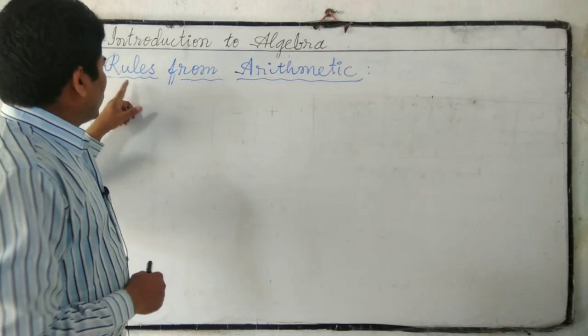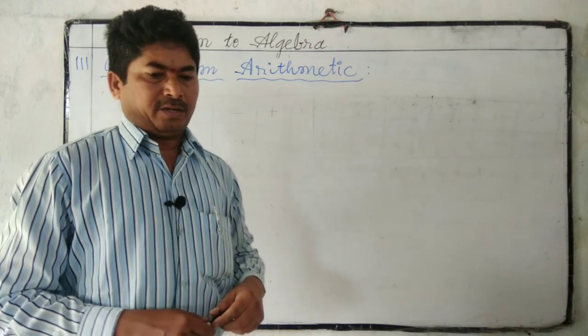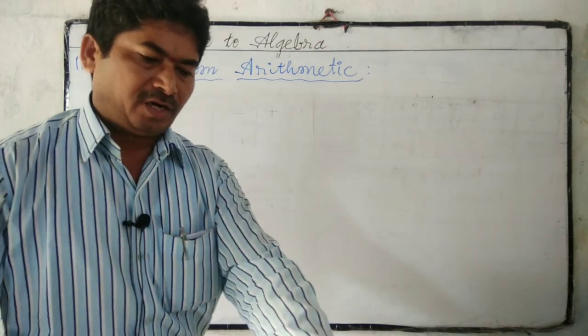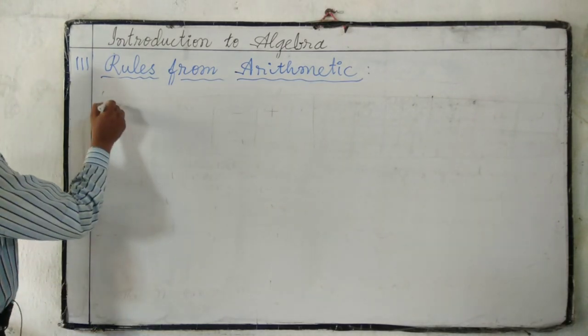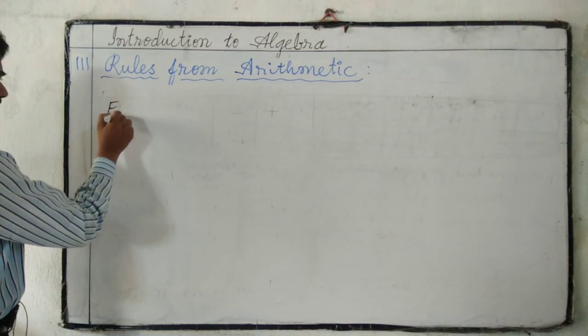Let us see rules from arithmetic. To understand this, we have to take even numbers.